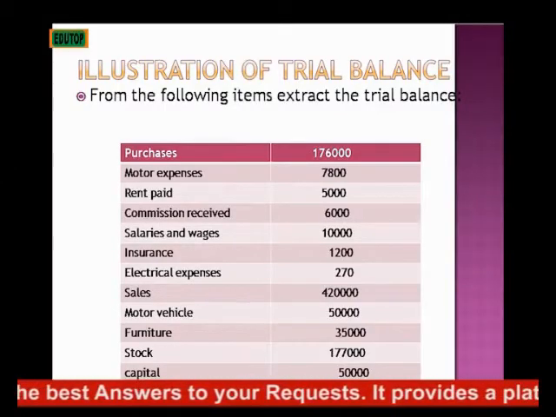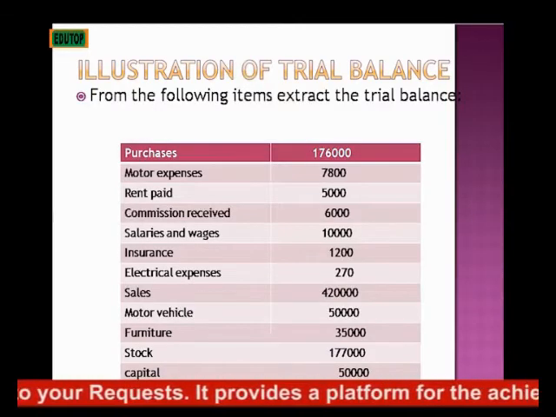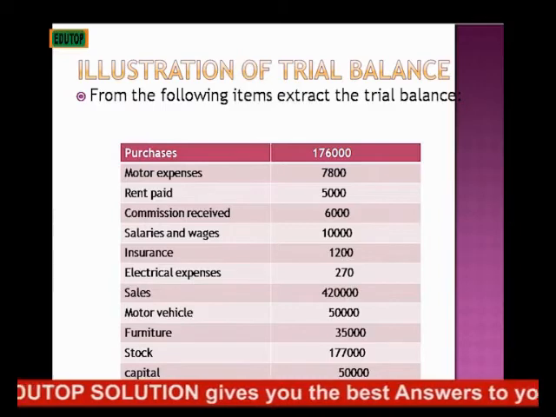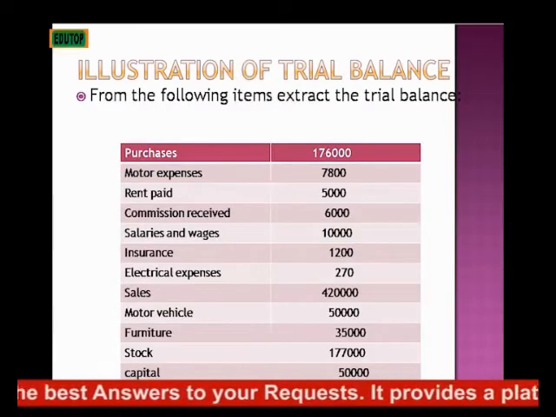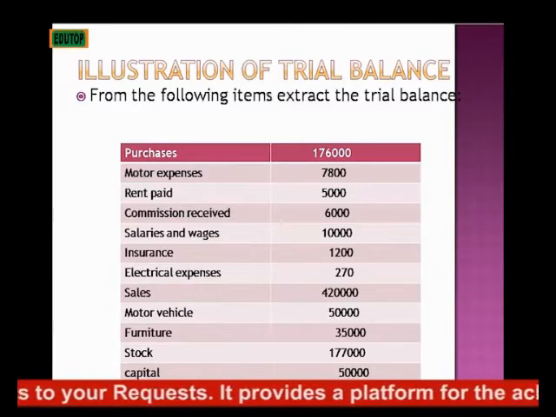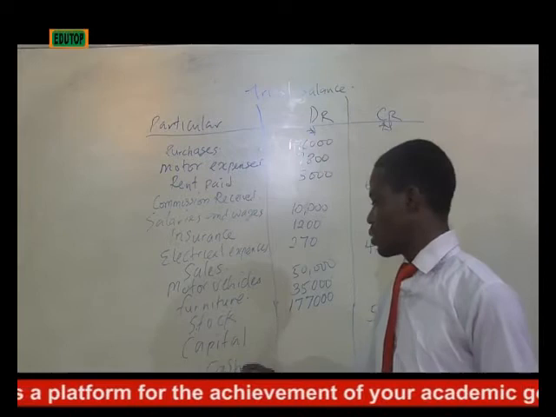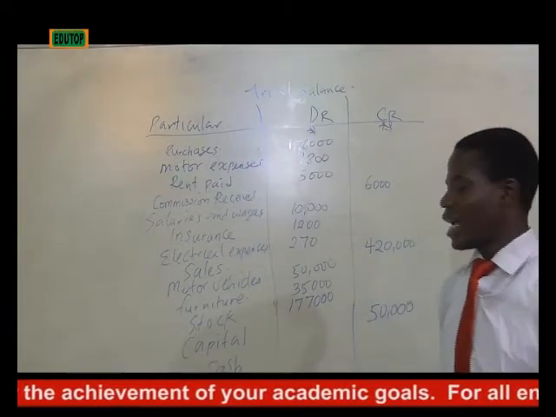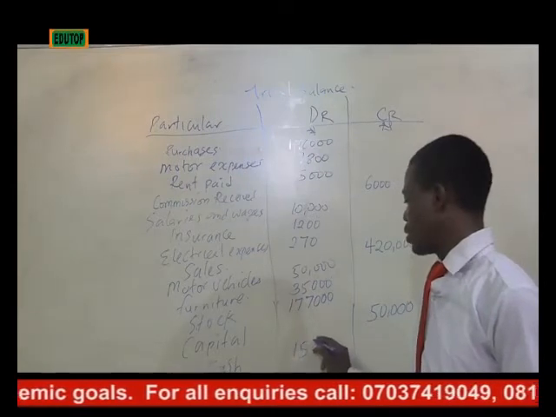Then we have the capital. I told you the other time that capital is a liability, so it has to be credited. That is 50,000 naira. Now we move to cash. Cash is an asset, so we put it under the debit side.